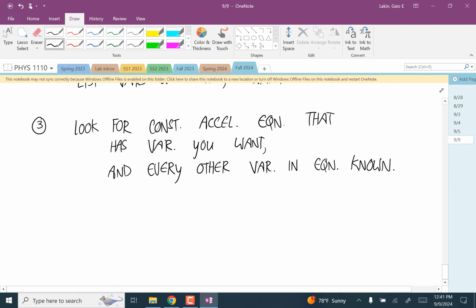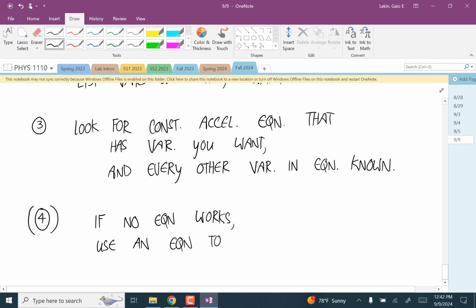And then step 4, I'm going to put this in parentheses because you're kind of hoping going into it that you're not going to need to do this. But if no equation works, use an equation to solve for either time final or acceleration, and then go back to step 2.